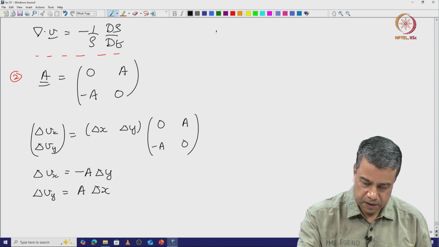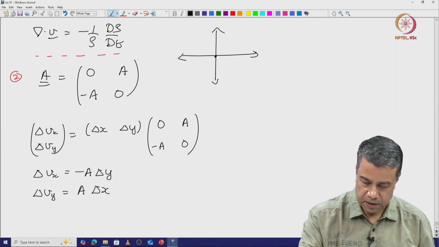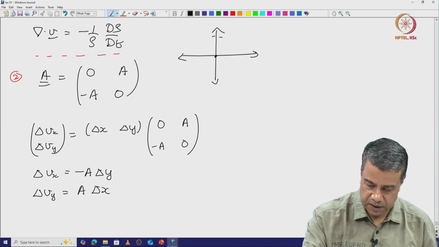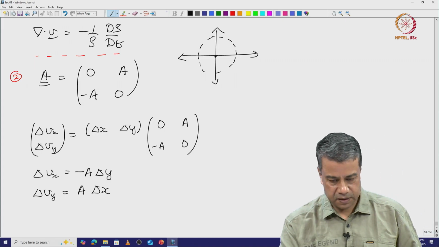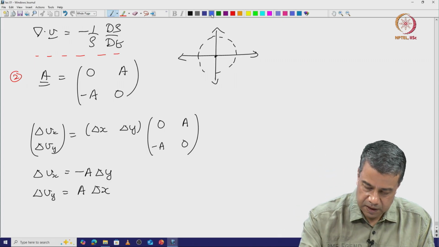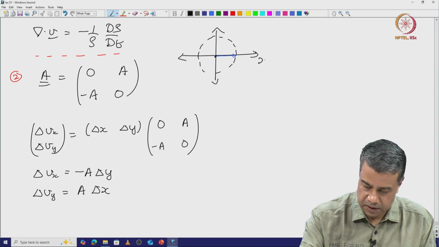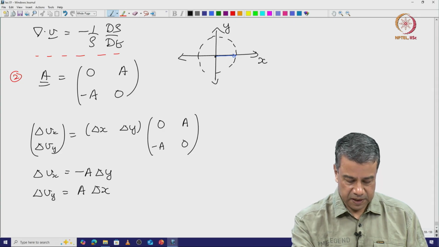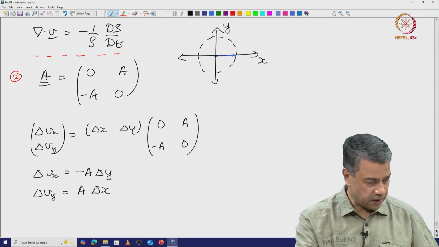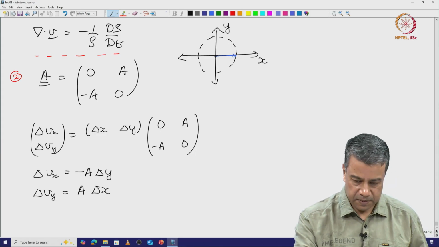So, once again let us take our coordinate system. The origin, and I go a distance delta x, delta y around the origin, in different directions. If I go a distance delta x in the x direction, so let me put the coordinates here, x and y. If I go a small distance delta x, then you can see that delta V x is equal to 0 and delta V y is equal to a times delta x.